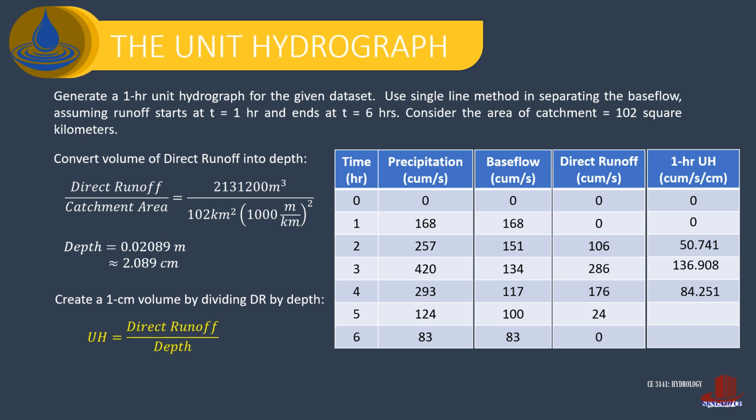UH at T4 is 176 upon 2.089, or 84.251 cumecs per centimeter. Also 24 divided by 2.089, or 11.489 at T5. T6 is 0. We have generated the 1 hour unit hydrograph.